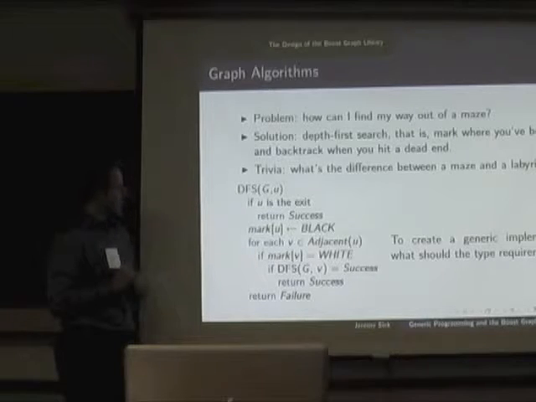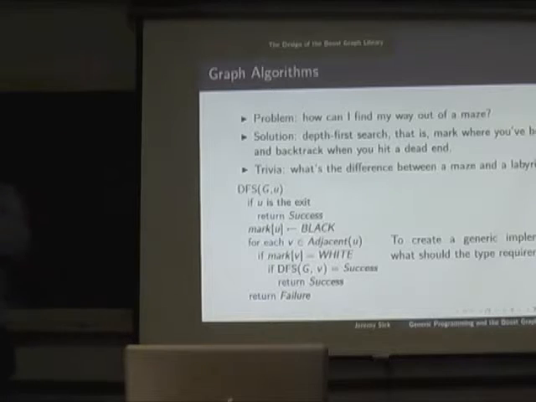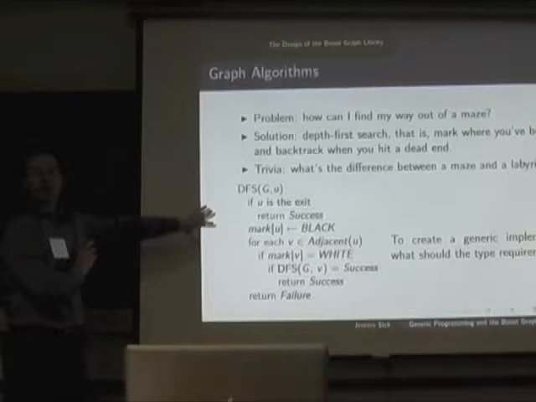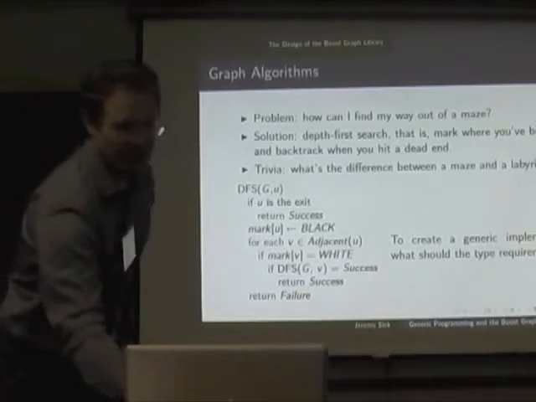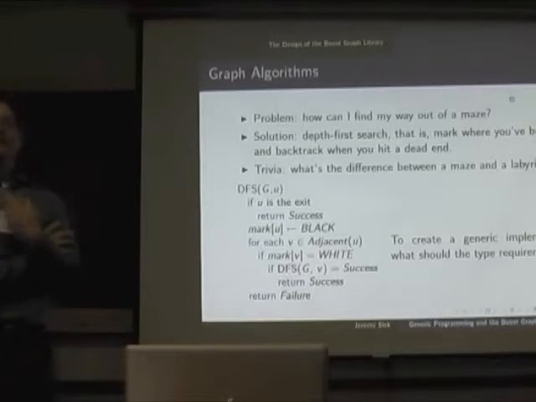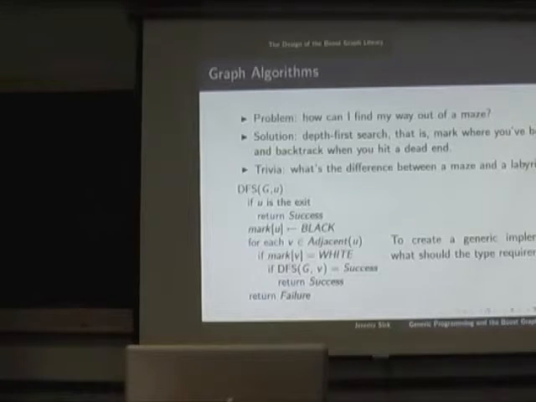Okay, so I want to turn this into a little bit of a design experiment. Let's say you've found some pseudocode in a math textbook or a computer science textbook that solves the problem you need. How do you turn that into a C++ implementation of a generic function?